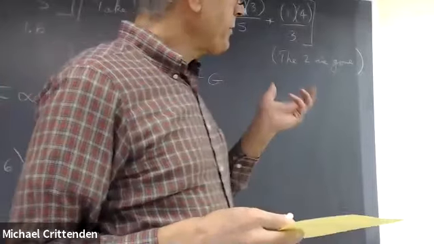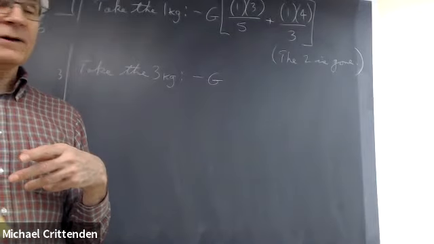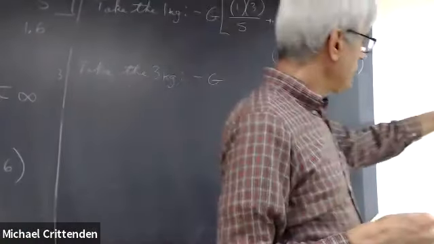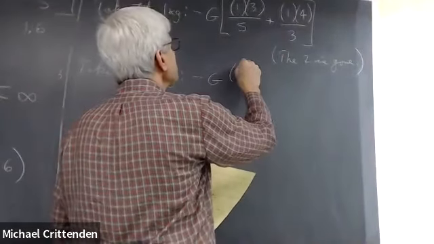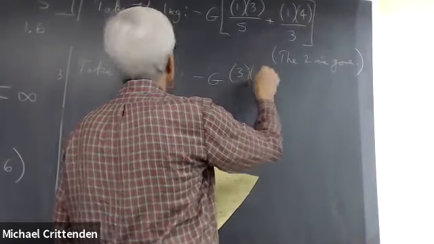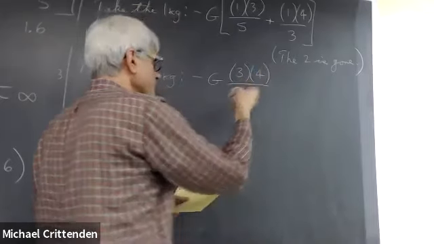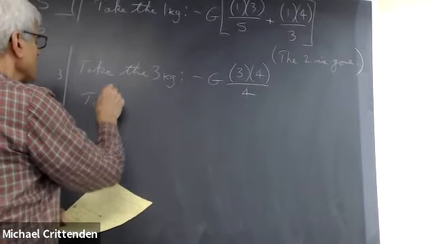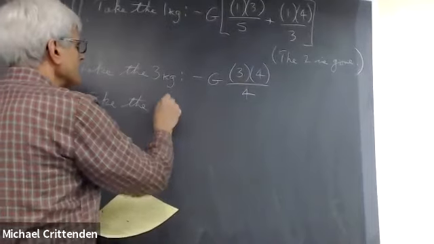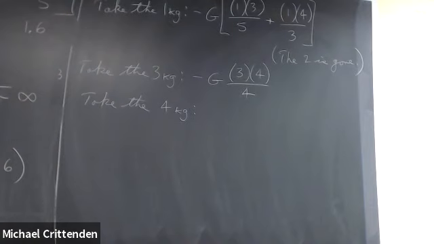Next, you grab the 3 kilograms and drag it off to infinity. Well, the only thing that's left to attract it is the 4. Both of the others are gone. So the potential energy of the 3, because of the field of the 4, and they start out 4 meters apart. And then finally, when you go back to move the 4 kilograms, there's nothing attracting it.